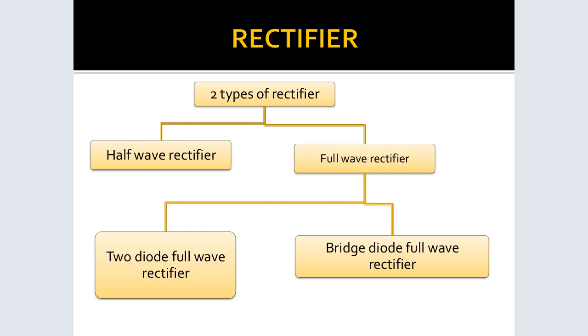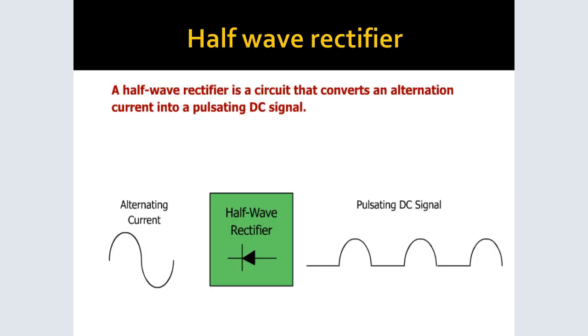So that is what a half wave is supposed to be. You look at the DC output there, and you realize that it's not complete.